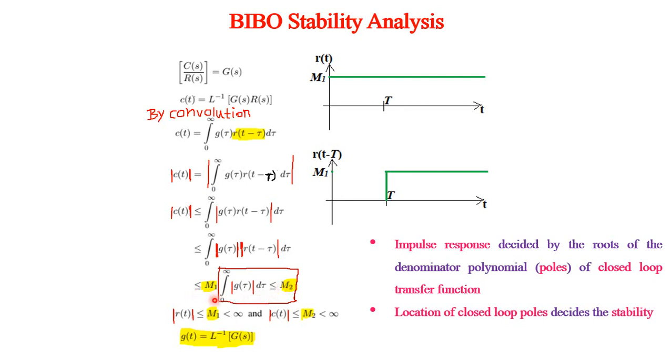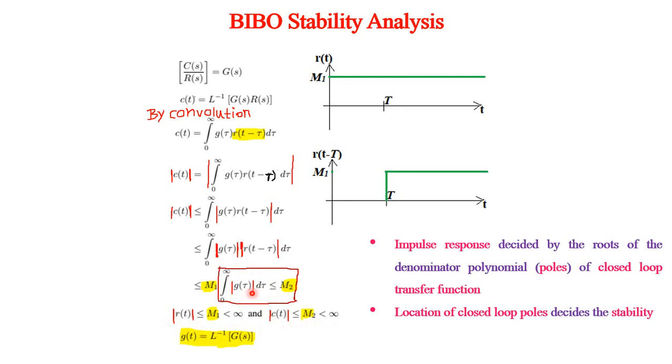Therefore, m1 multiplied by the integral 0 to infinity of modulus of g of tau d tau should be less than or equal to m2, and that m2 should be less than infinity. That means this integration should be finite. That is the meaning. So modulus of R of t is less than or equal to m1 less than infinity, and modulus of C of t is less than or equal to m2 less than infinity. That is what is put here.